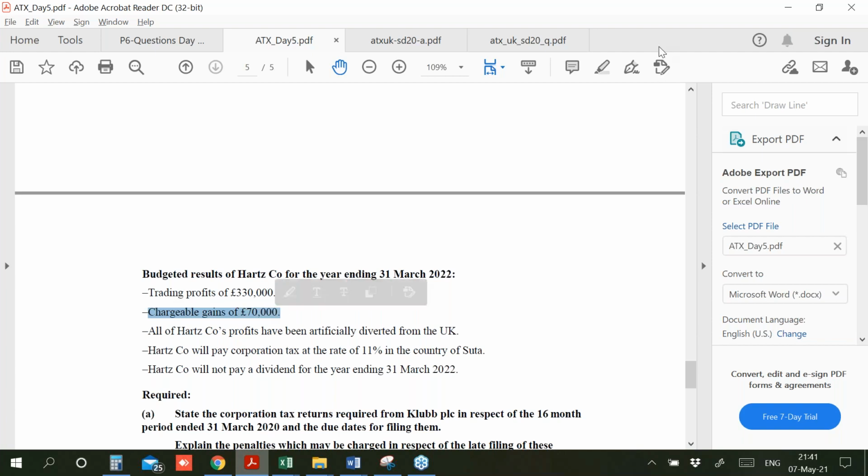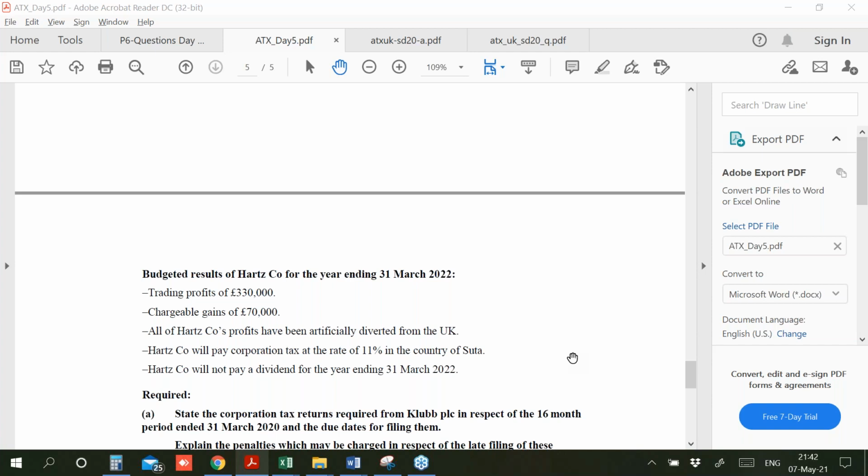Now guys, you tell me, can it qualify for the low profit exemption? The first condition is met, as the total taxable profits are less than 500,000, but the problem is the non-trading profits, that is the chargeable gains in this scenario, are more than 50,000. So it does not qualify for the low profit exemption.